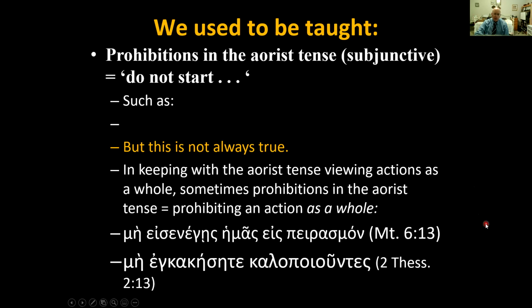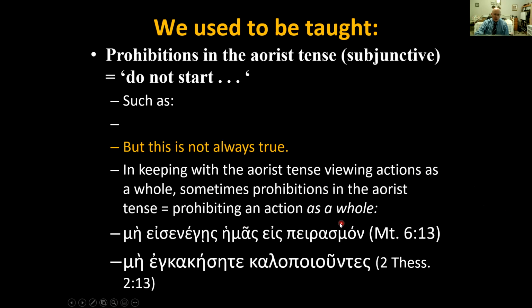One comment here, we used to be taught that prohibitions in the aorist tense mean do not start doing something. But this is not always true. In keeping with the aorist tense of viewing actions as a whole, sometimes prohibitions in the aorist tense prohibit an action as a whole.